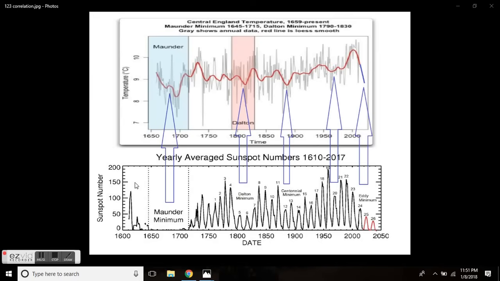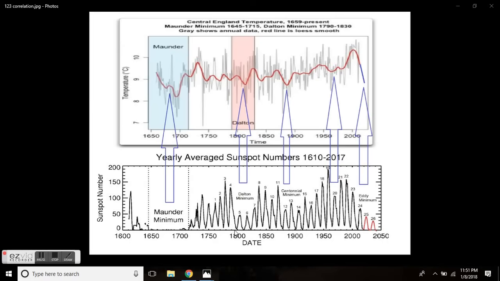These extremely cold periods happened after a lag in solar activity. So as the sun's activity waned towards 1650, so did the temperature in central England. And as it stayed at a minimum for over 30 or 40 years, the temperature continued to drop.